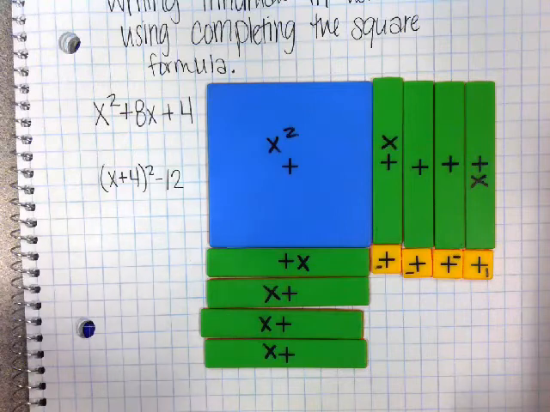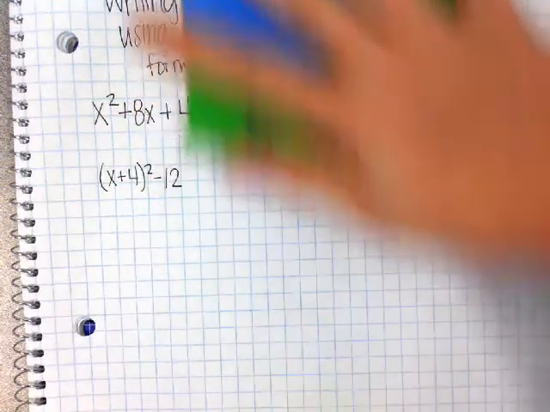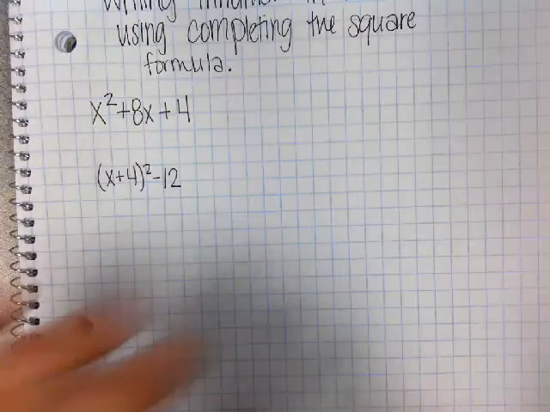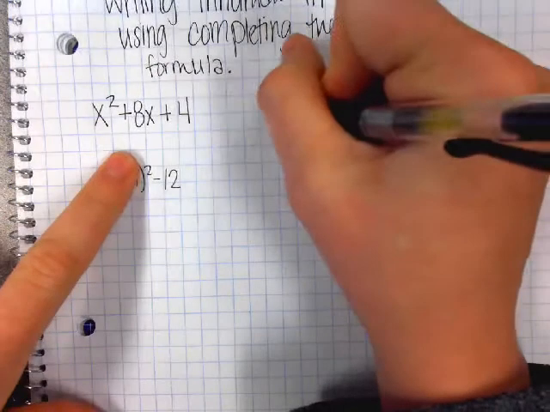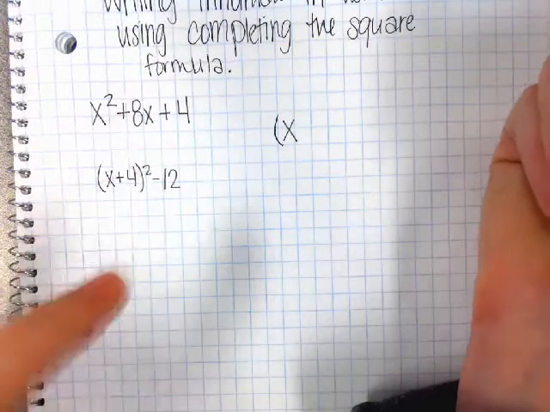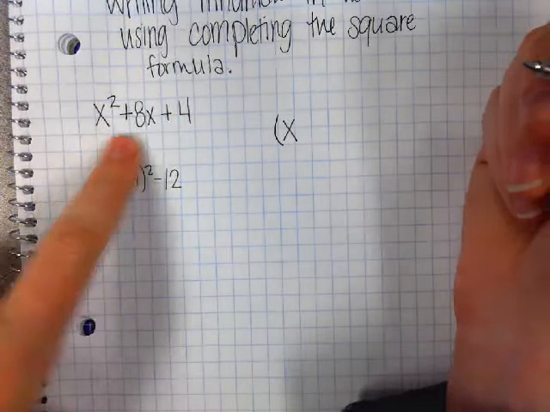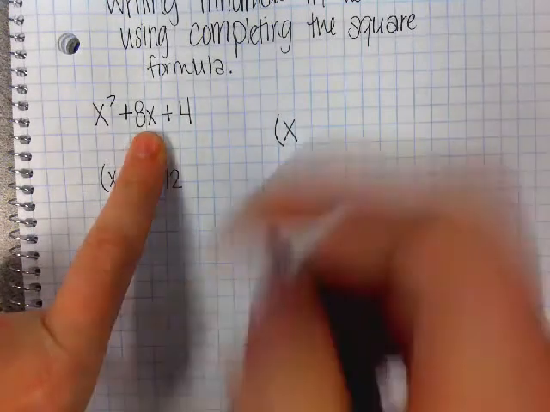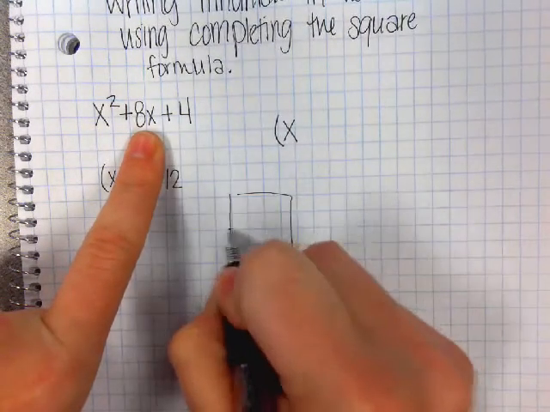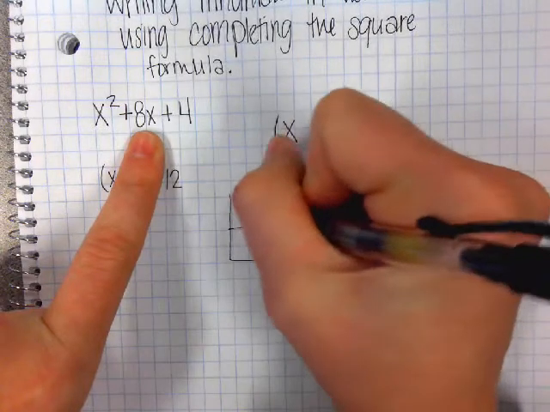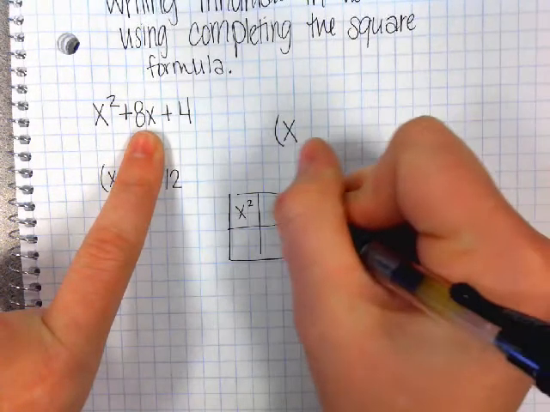Now, the way I'm going to show you in the formula you can use, if you have this equation right here, you're going to take x. We always have x because x times x makes x squared. Remember, when we have this box, I have x squared here.